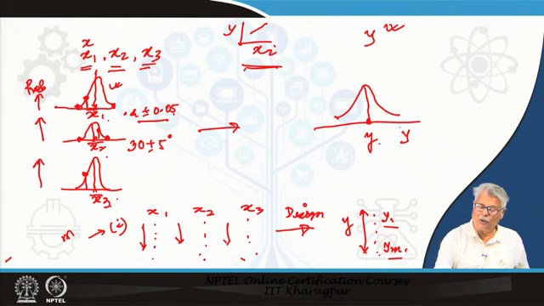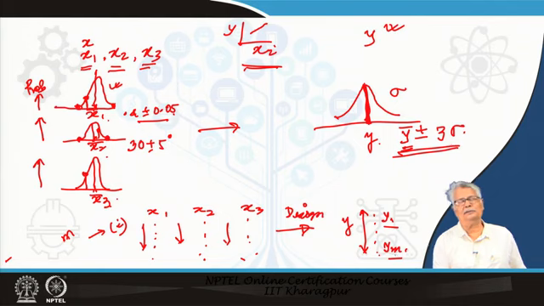And in this case what I find here is y bar, the one with maximum frequency or probability, is my most probable value of y, and its variation will be given by the standard deviation here. So your actual output will vary between y bar plus minus 3 sigma, assuming that the distribution is normal, which it is in most cases.